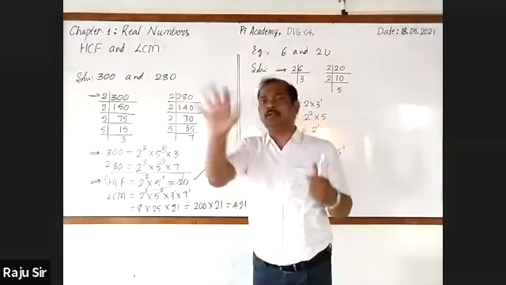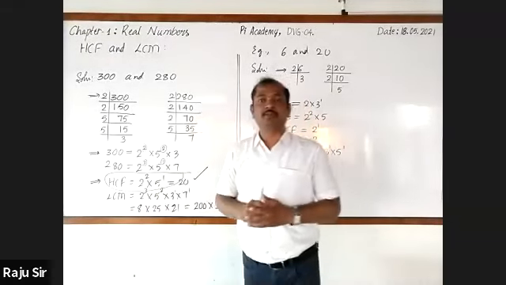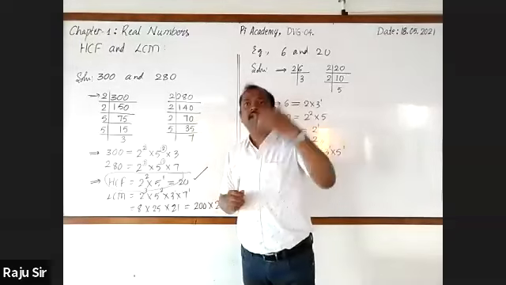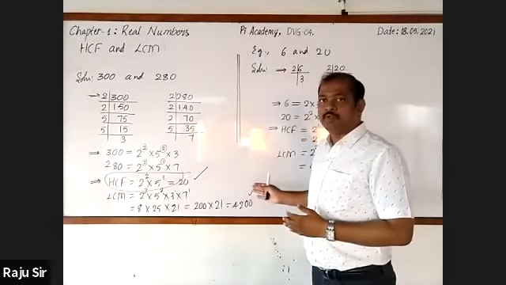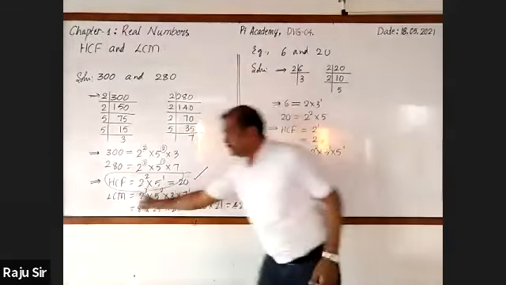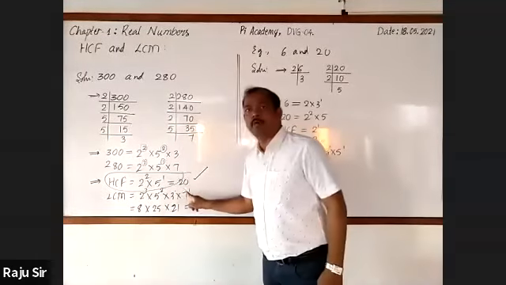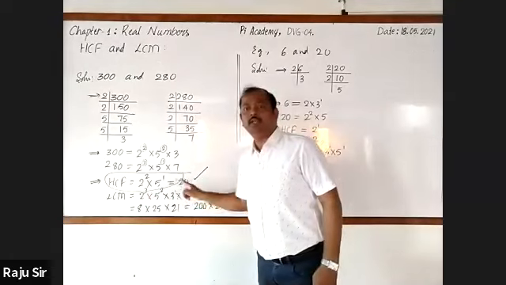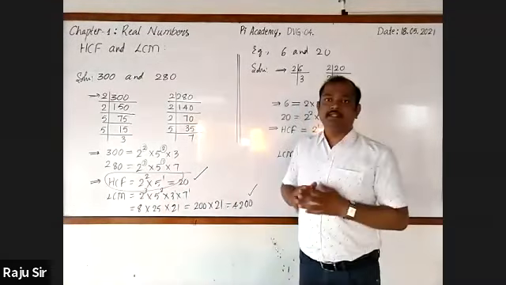We will take all the factors, not only common factors, even other factors will also be taken. Got it? Their highest power will be taken, then we will find out the product. Once I tell that clearly, LCM is the product of highest power of each factor involved in the numbers is known as LCM.